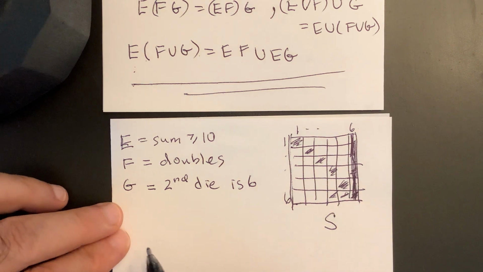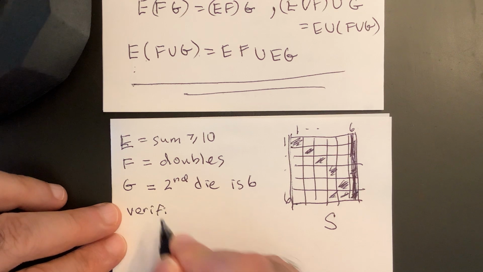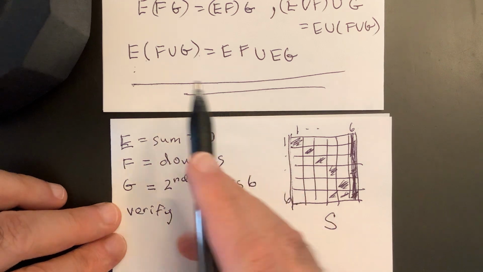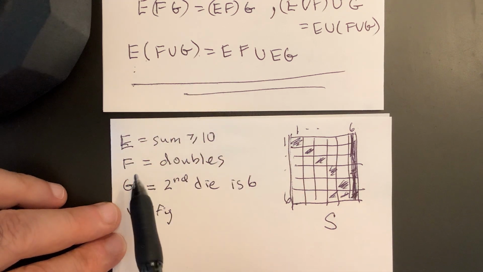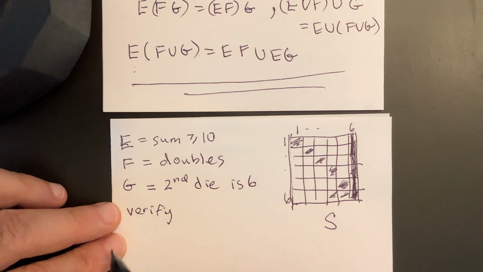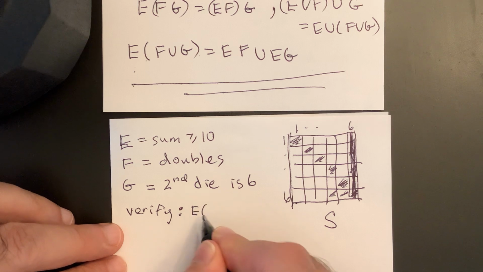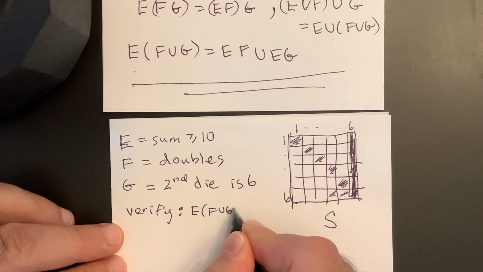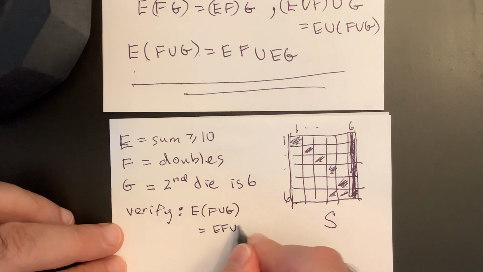But let's just verify the distributive property there. And remember, this distributive works this way when you're taking the, like, multiplication and addition, right? Not the other way. So we'll verify E intersect F union G is equal to EF union EG just by doing the calculations.